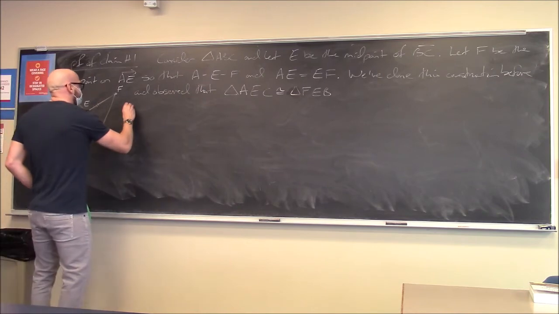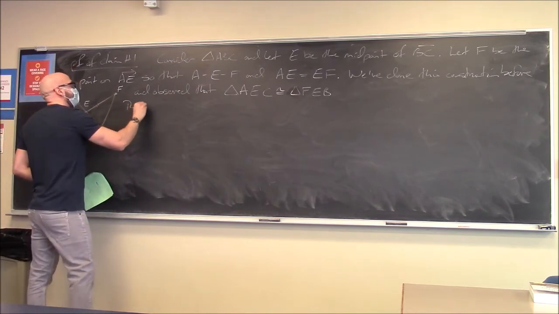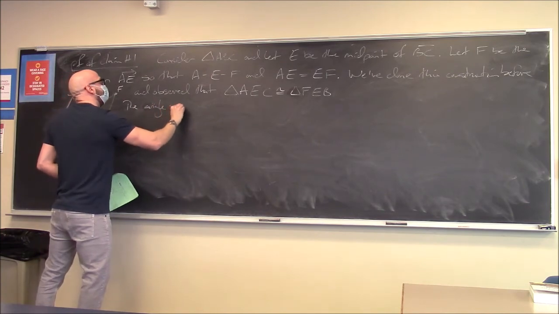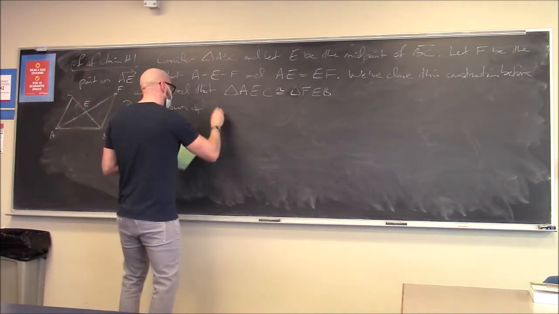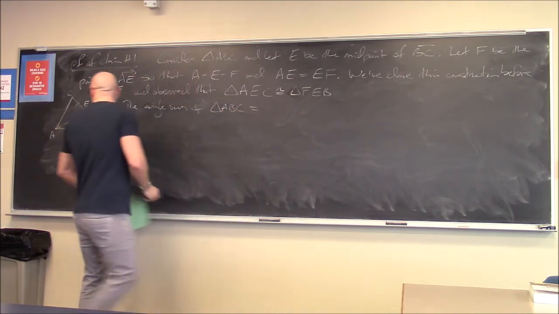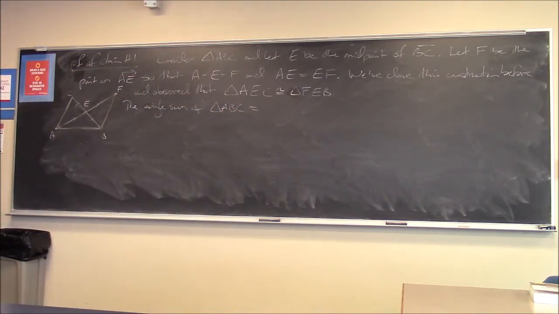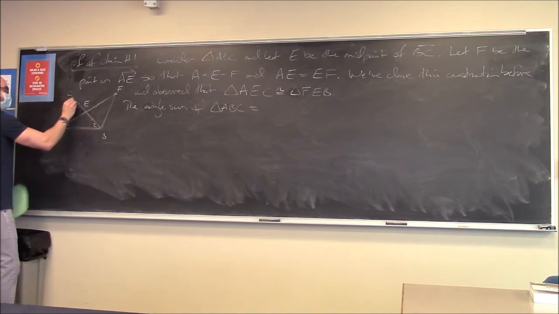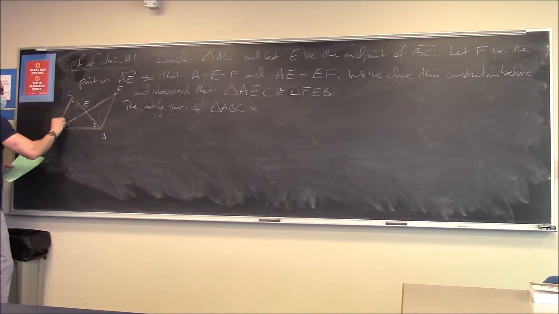Okay, so the angle sum of triangle ABC is equal to what? Well, let's give some of these angles names. How about I call this angle 1? I'm going to call this angle 1, angle 2, angle 3, and angle 4.